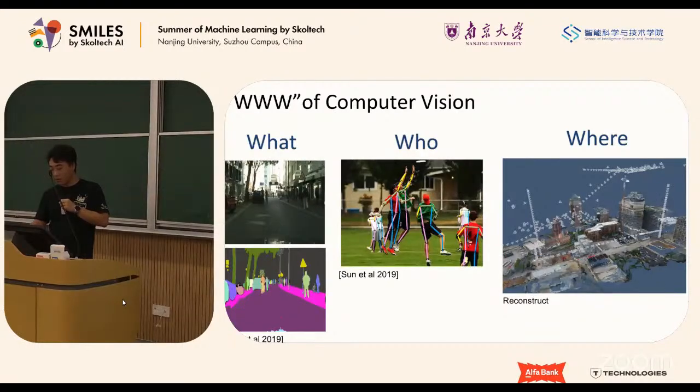A useful summary is the three W's: what, who, and where. What refers to recognition and segmentation. Who includes people, entities, and poses. Where refers to the geometry, like the spatial arrangement of objects and the structure of the scene. 3D vision is especially concerned with the third question.